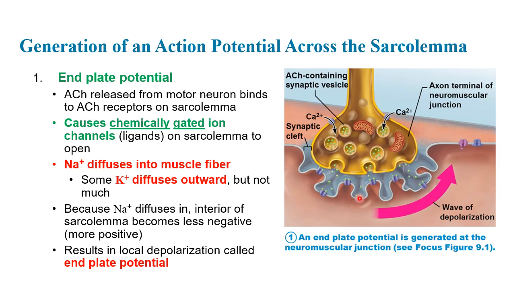So what happens here, you're going to have a flood of sodium to the inside of the cell. Some potassium may diffuse out, but the main thing is the sodium that gets to the inside of the cell. That's going to cause what? Depolarization of your membrane, right? Depolarization of the membrane here.